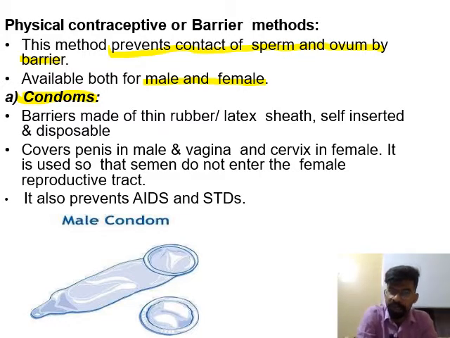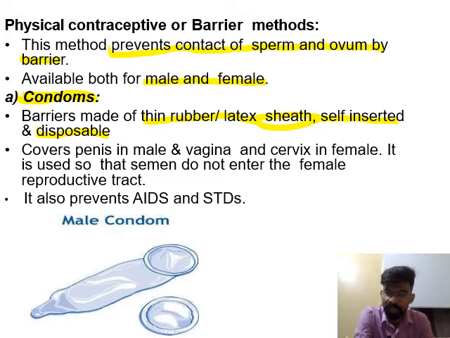Condoms are made up of thin rubber or latex sheath, and they are self-inserted, which means they are user-friendly, and they are disposable. They can be easily disposed of.